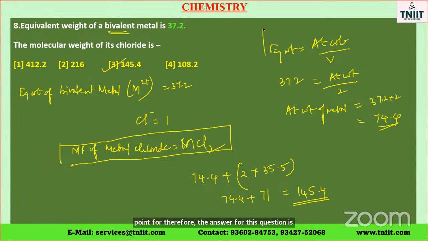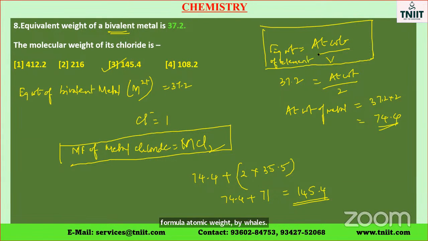You should remember this formula to calculate the equivalent mass: equivalent weight of an element is atomic weight by valency. It's not for an acid, a base, or an oxidizing or reducing agent. It is only for an element.